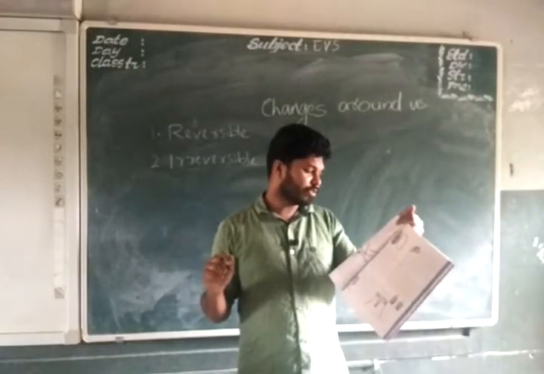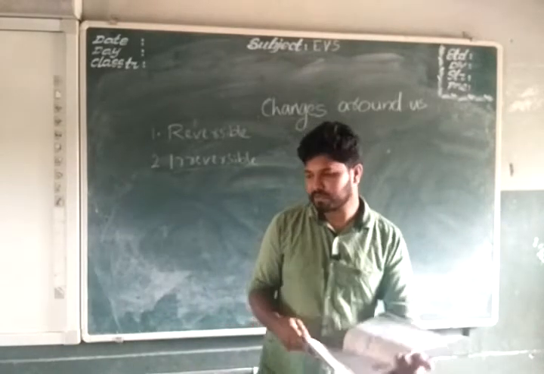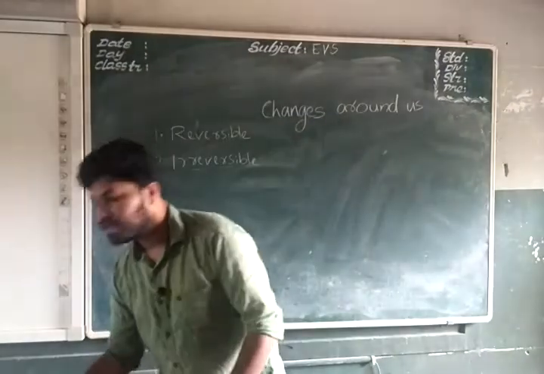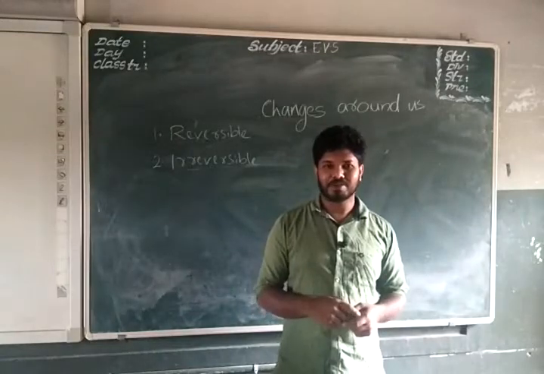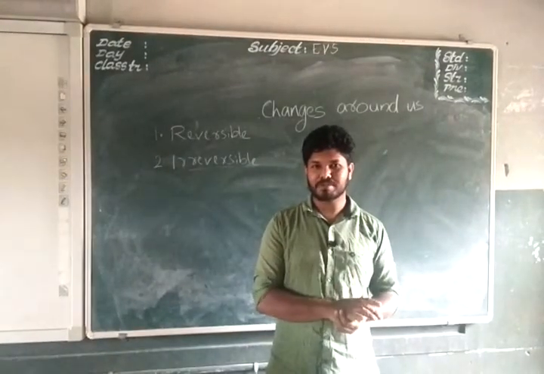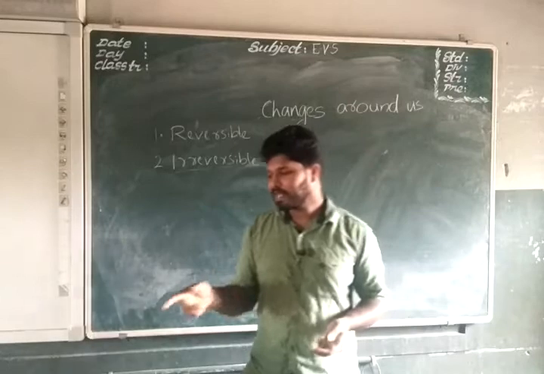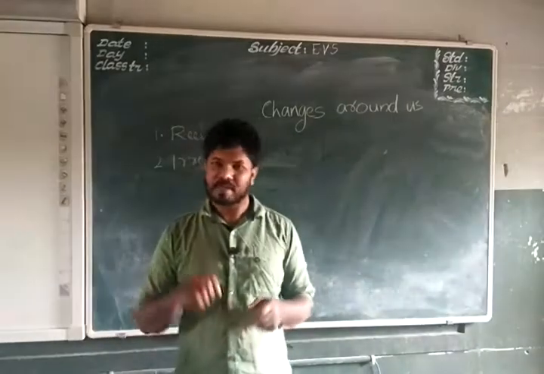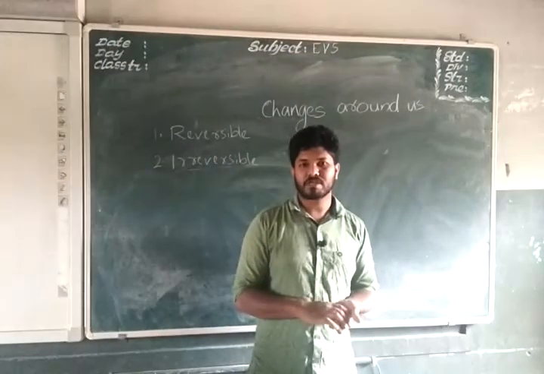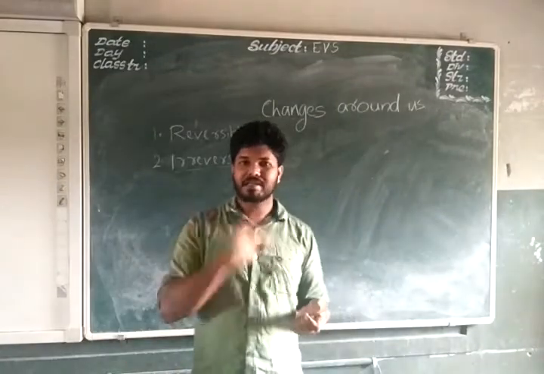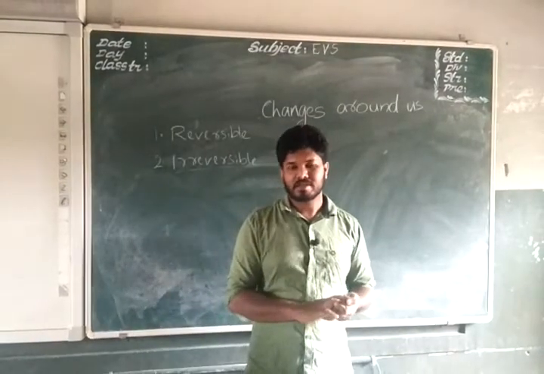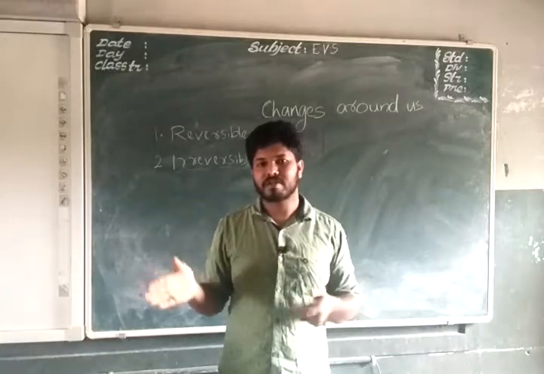Then woolen yarn to knitted sweater. From yarn, you know what is yarn, we studied already in the chapter on fibre. From that we are making a sweater. By stitching we make a sweater. And can we get back the yarn? So is that a reversible or irreversible change?